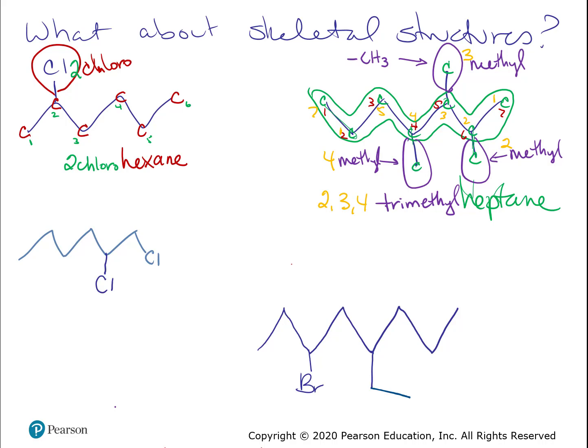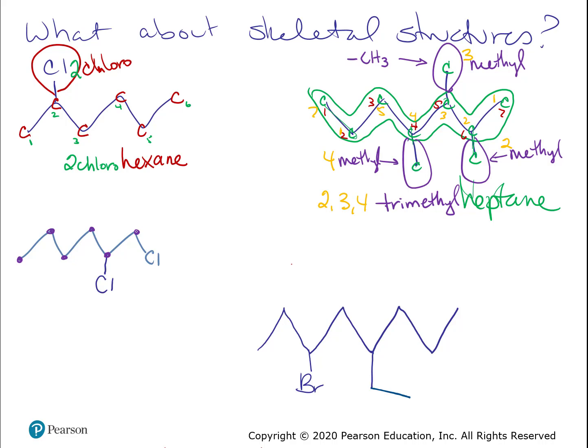Five? Nope, more than that. There's 6. Okay, so this is a carbon. Everybody's got that, right? This is a carbon. This is a carbon. This is a carbon. This is a carbon. This is a carbon.